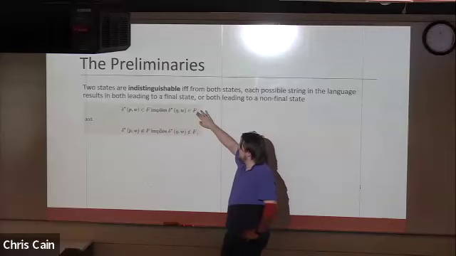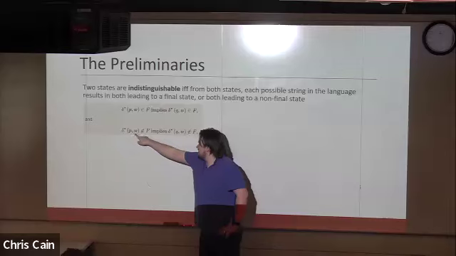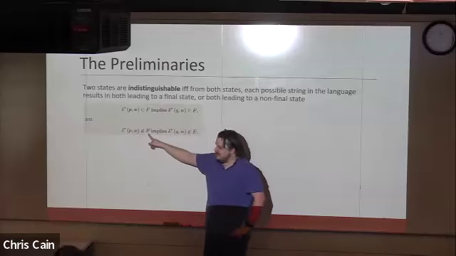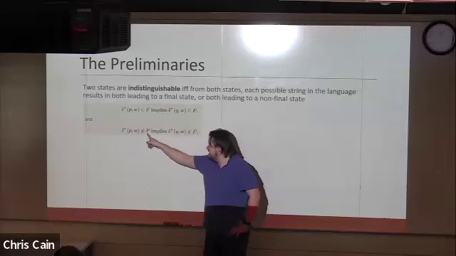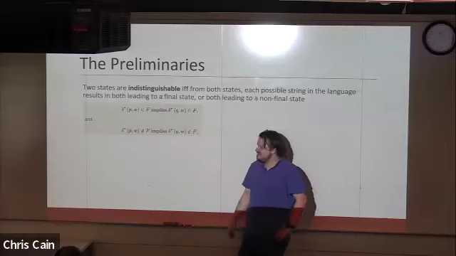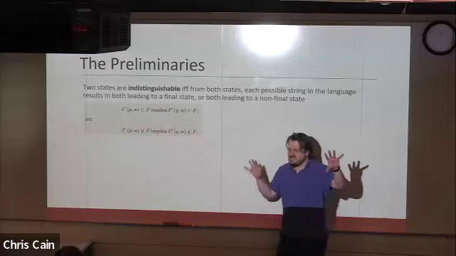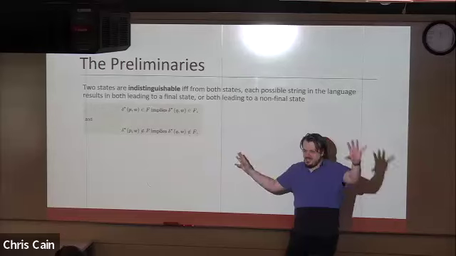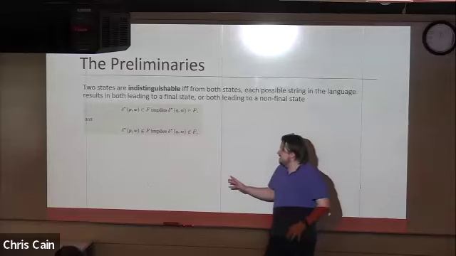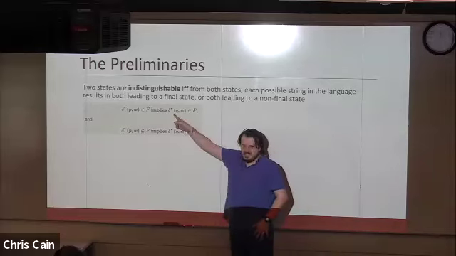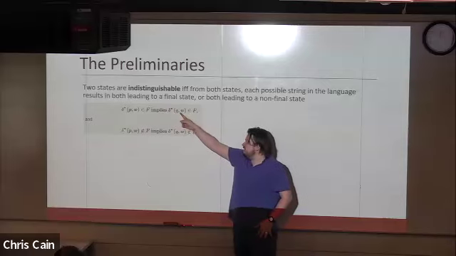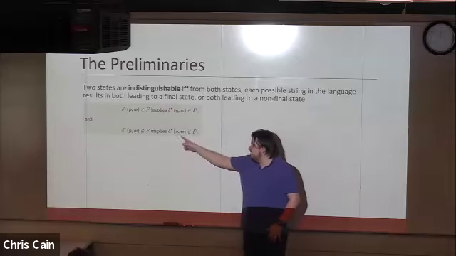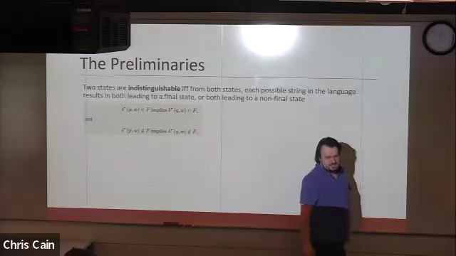And on those same 2, if for a particular W that leads to a non-final state for P, it also leads to a non-final state for Q. So 2 different states, P and Q. For every possible string W from that, you end up in the same level of finality. If P leads to a final state on W, then Q leads to a final state on W. If P leads to a non-final state on W, then Q leads to a non-final state on W.